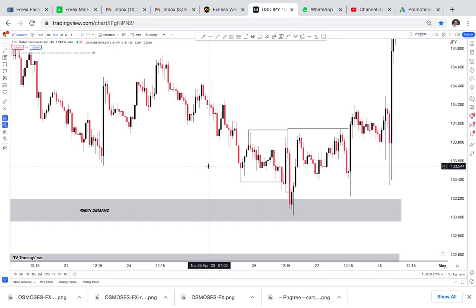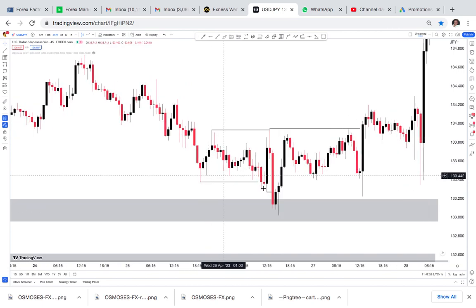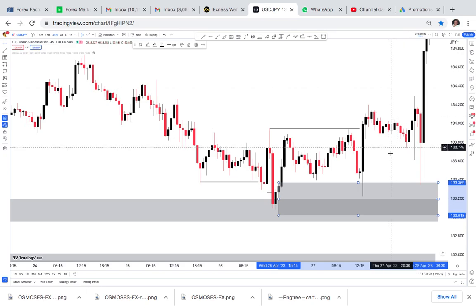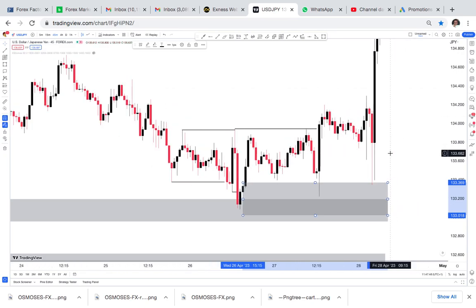So the power now belongs to this week here. Last month candle here. So price came back and tapped into it a little. Bam. Price moved.